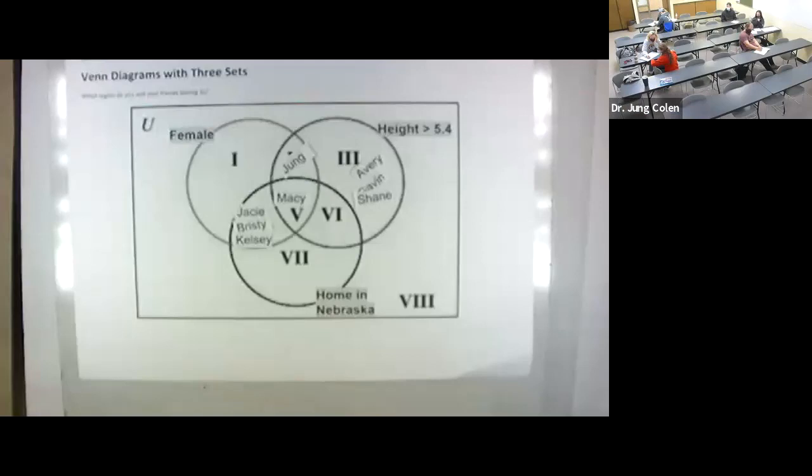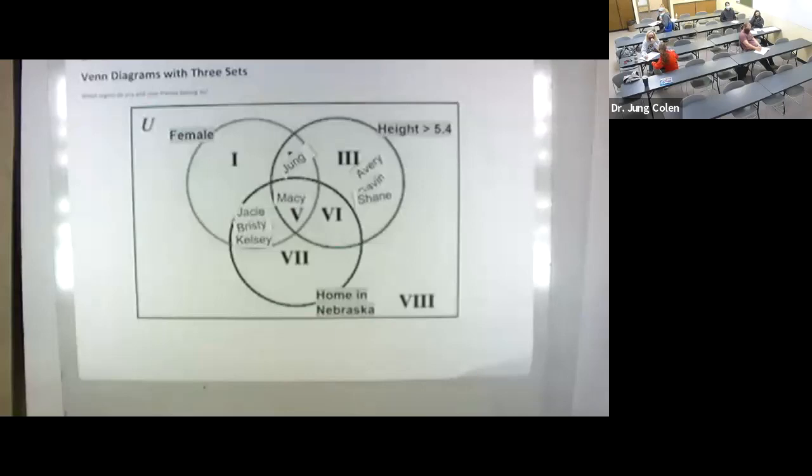How about the fourth one? A complement union B and C. So starting from B and C, B is height, C is home. So B and C is what? Height greater than 5'4", and home in Nebraska. So who? B and C. Just 5.